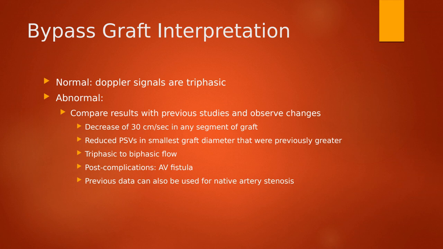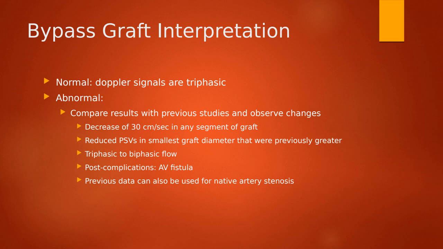So any decrease within any segment of the graft in and of itself, so not the inflow or the outflow vessel, within the graft itself, from proximal anastomosis all the way through that graft to distal anastomosis. If we see a decrease of 30 centimeters per second or more, automatically abnormal.